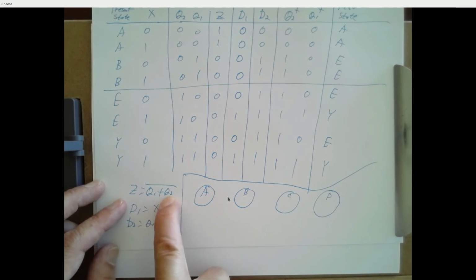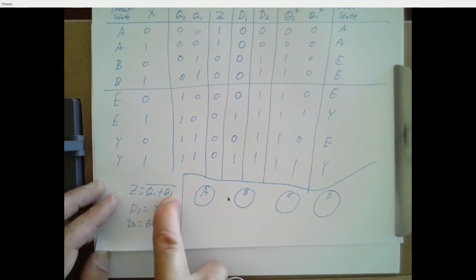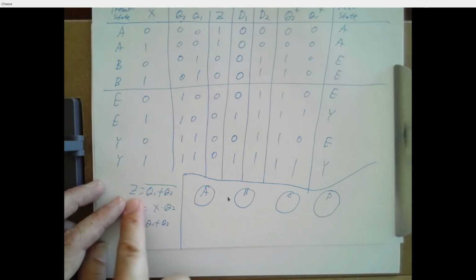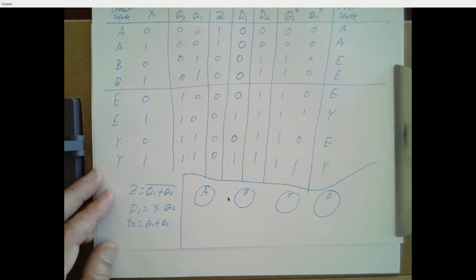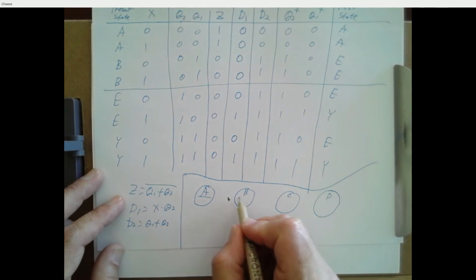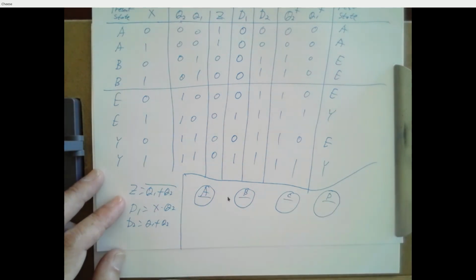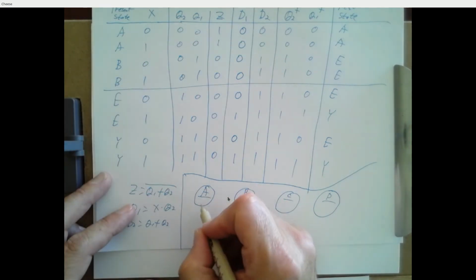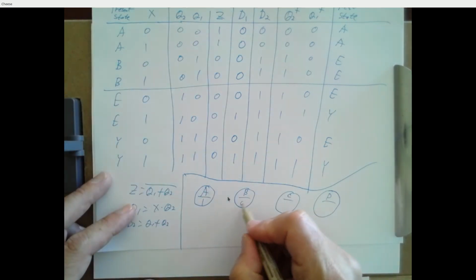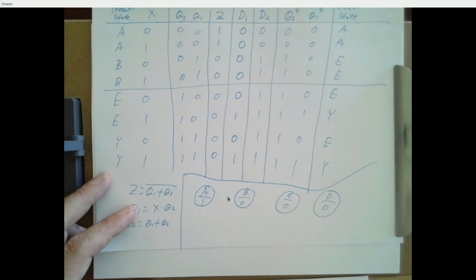So this is what type of machine? It's a Moore machine, good. If there was an X in here, this would be a Mealy machine. Since it only depends on the current state, we can list the output in each state circle. So if we're in state A, the output's 1. Every other state, the output is a 0.